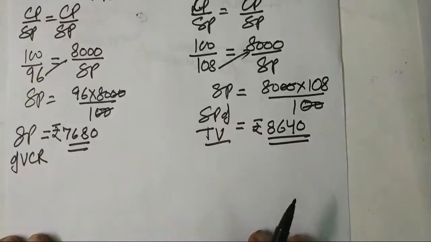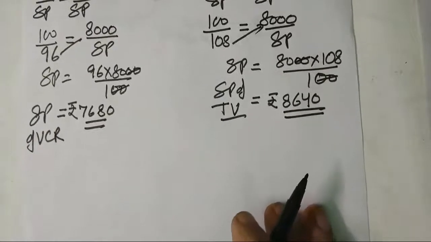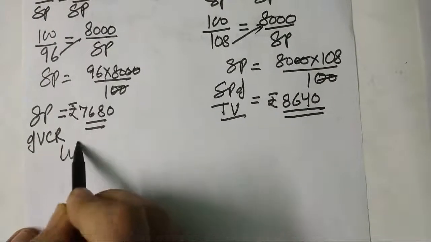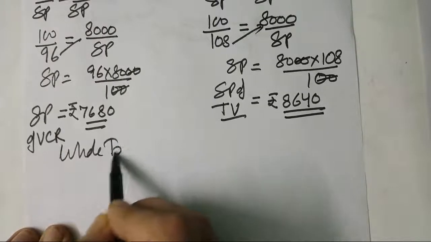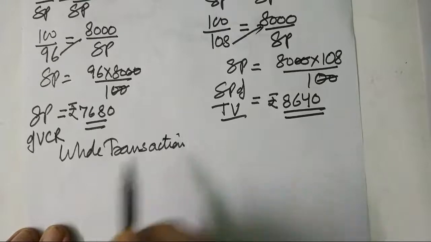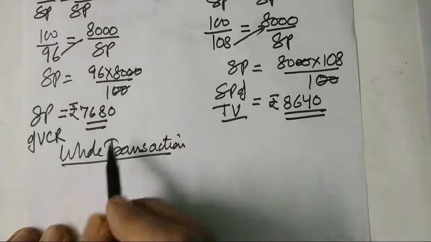Now the question is, find the gain or loss on the whole transaction. Whole transaction means he is selling both TV and VCR.